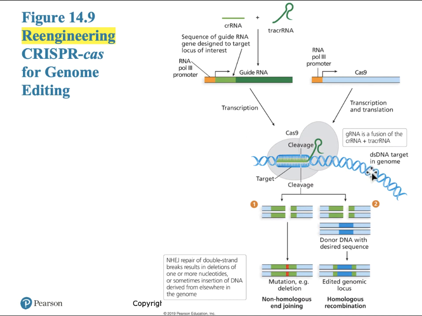Alternatively, if you supply your own piece of DNA as the third item, along with the guide RNA and the Cas9 protein, then doing another mechanism that the cell has called homologous recombination, the external DNA can be spliced into the gap created by the double-strand cut.